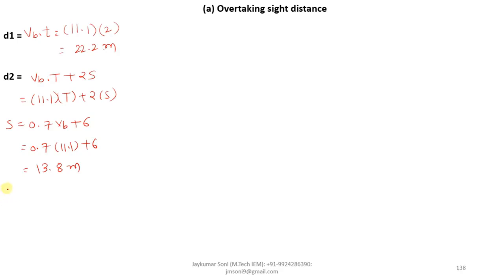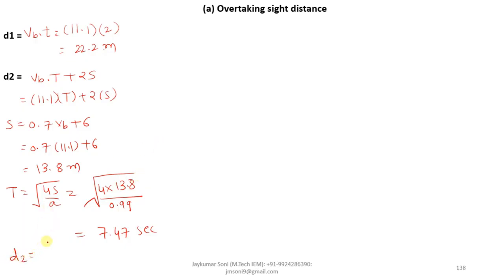Now we need to calculate the value of capital T. It is the square root of 4s by a. 4 into the value of s, which we have calculated as 13.8, and a is 0.99, and it will be 7.47 seconds.